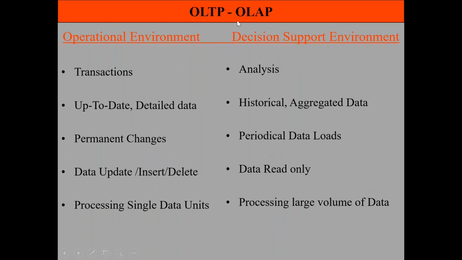OLTP is the operational environment, day-to-day operations, like sales order creation, invoice creation, purchase order creation, billing or delivery. All the day-to-day transactions will be in the OLTP system, that is the ECC system. OLAP is the decision support system.